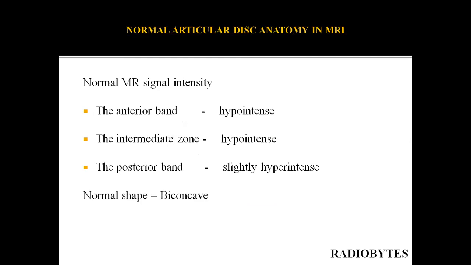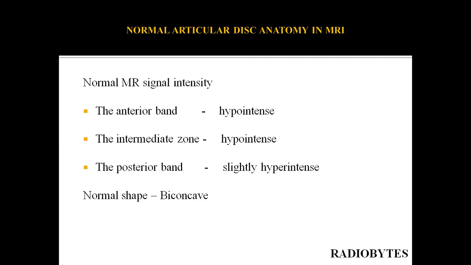So, summarizing the normal articular disc anatomy in an MRI. The normal MRI signal intensity can be appreciated as follows. The anterior band appears hypointense. The intermediate band also appears hypointense, and the posterior band appears slightly hyperintense.